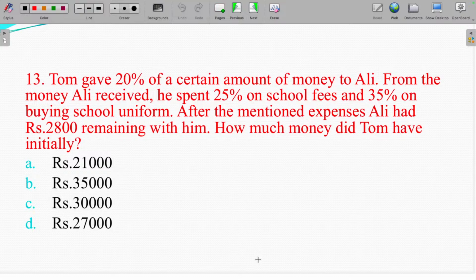What is the answer for this? Very simple question. Anyone? I will wait another 1 minute, but you try.